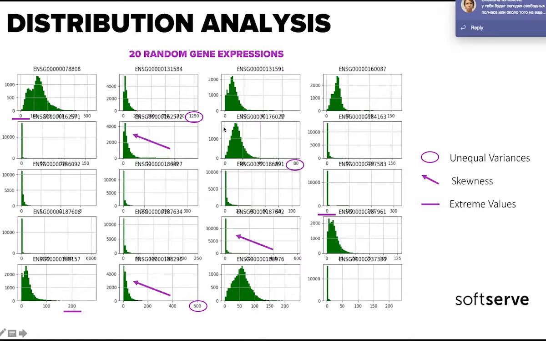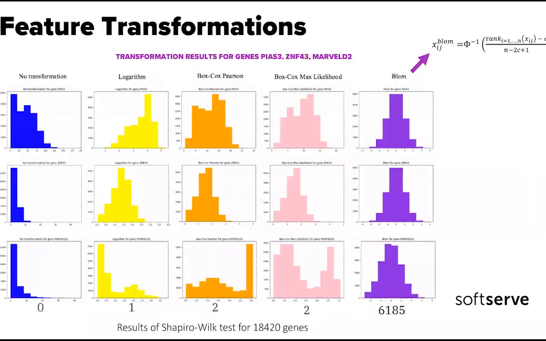We also can see that the variances are not just different, they are really different, even within one gene. So there are many extreme values here. For all of these reasons, it seems that we should think about data pre-processing. But it's also important to know whether maybe we just selected those 20 genes randomly and all the other genes are good in our data set.